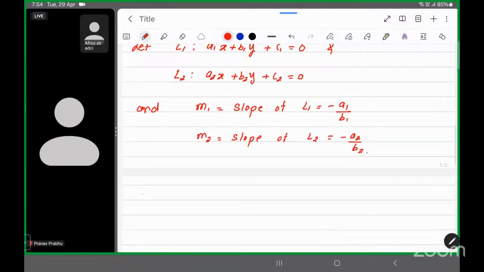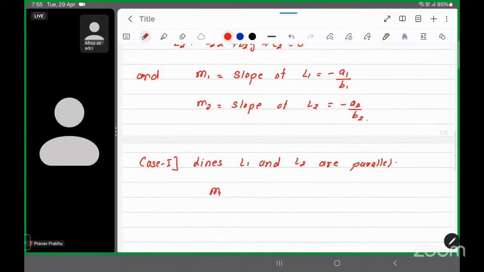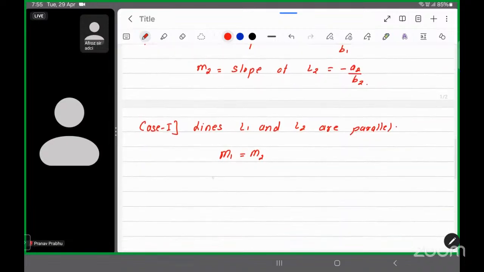Now, case 1: lines L1 and L2 are parallel. If they are parallel, we know the condition we saw yesterday: m1 equals m2. From that, what do I get?